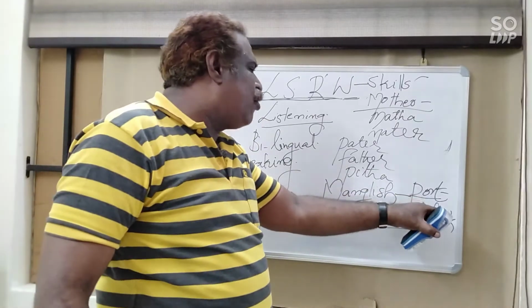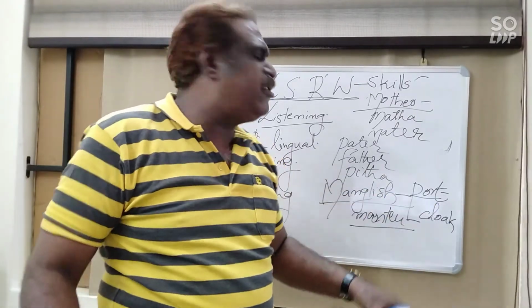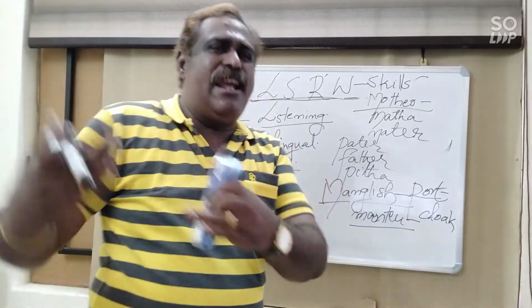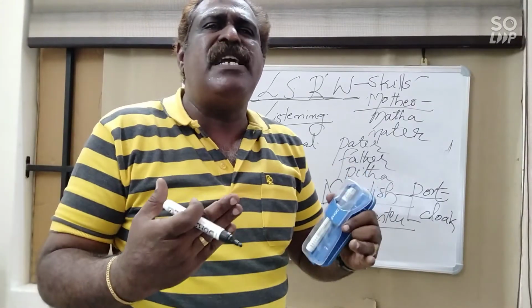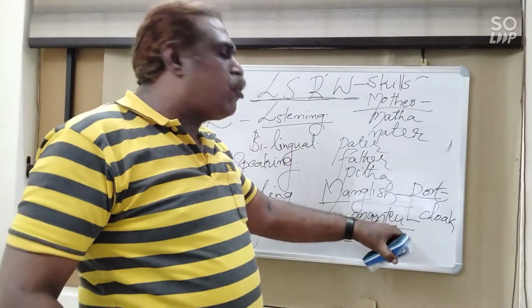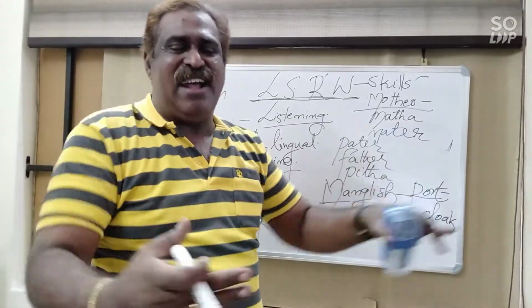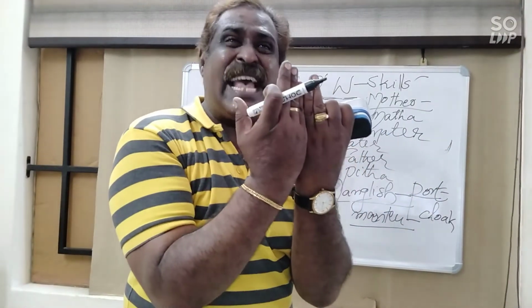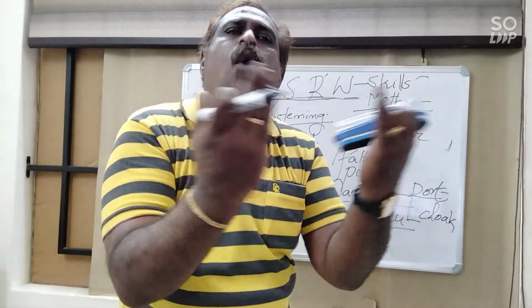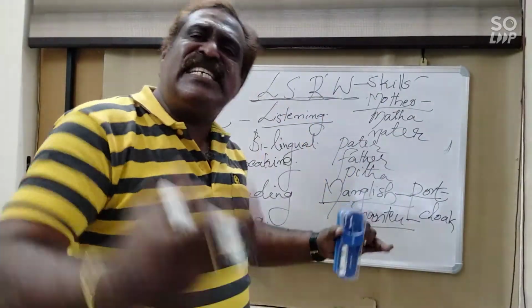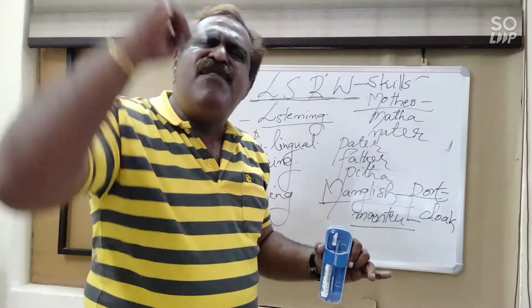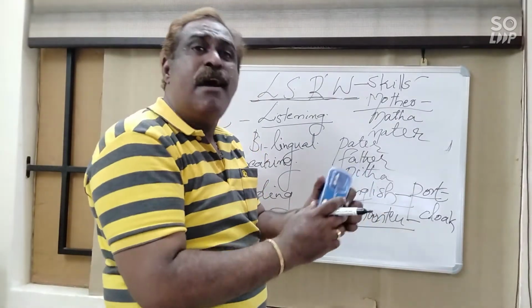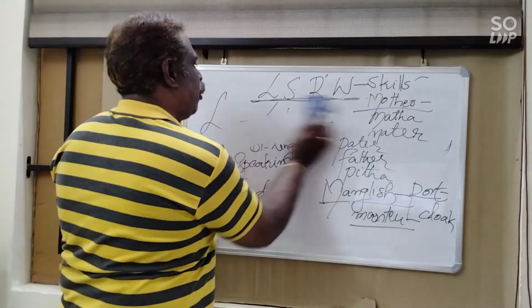So portmanteau, port in French means carry, and manteau means cloak or dress. So portmanteau is really a blend of several elements of two or more words. Let us see some examples.